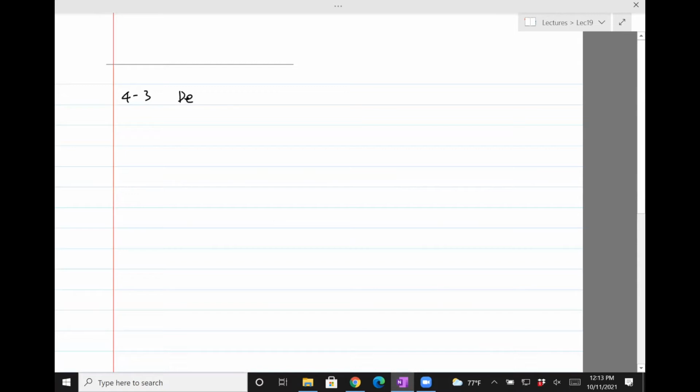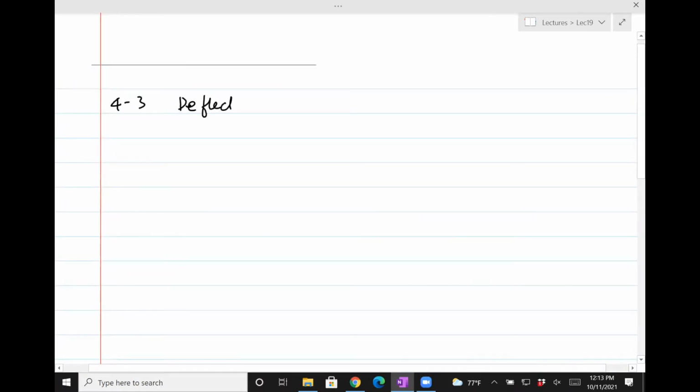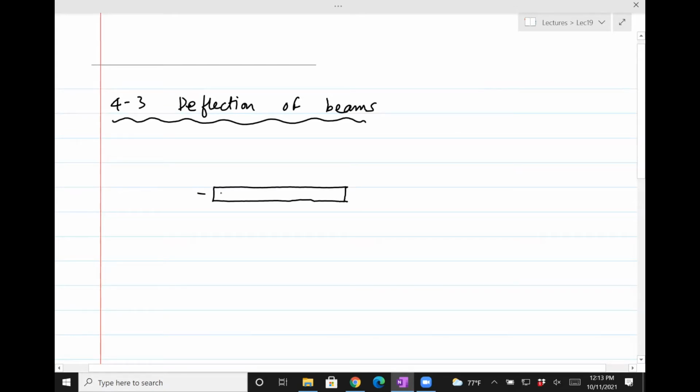Okay, so we're ready to start diving into deflection of beams. So what we're interested in here is if we have a beam and we subject that to a shear force as well as a moment.